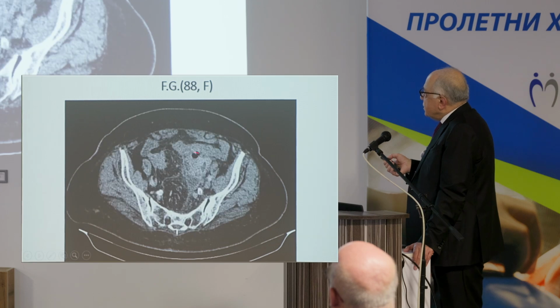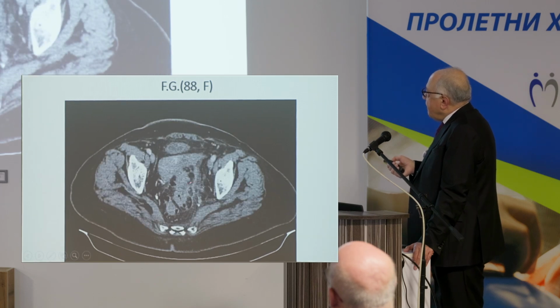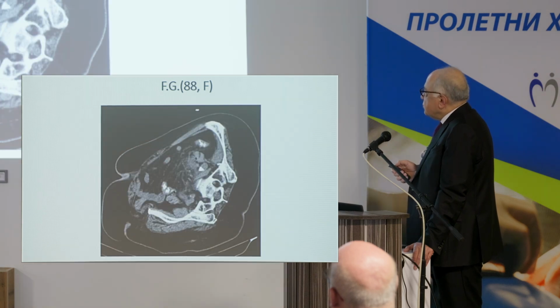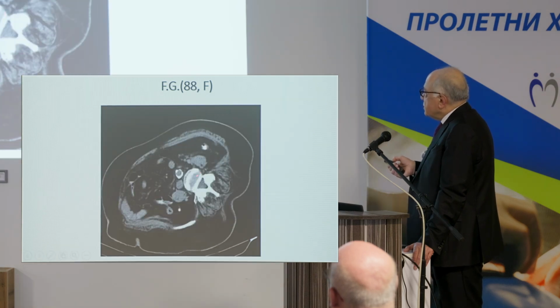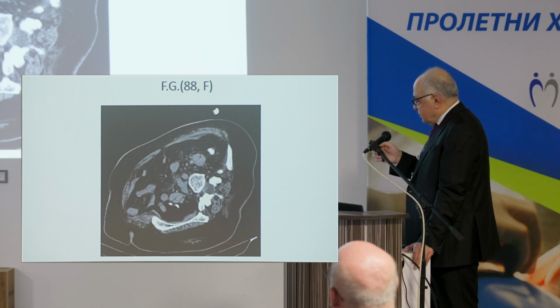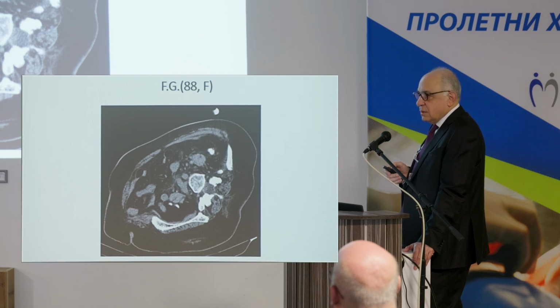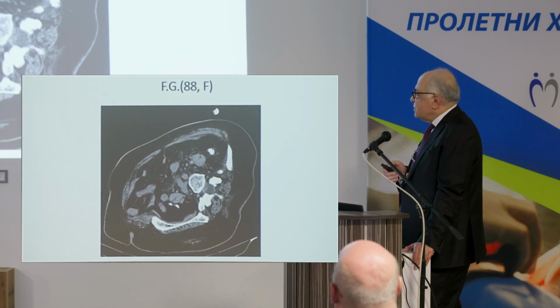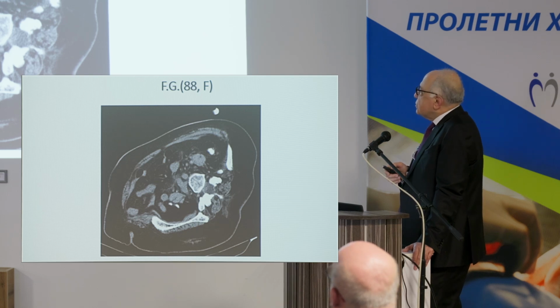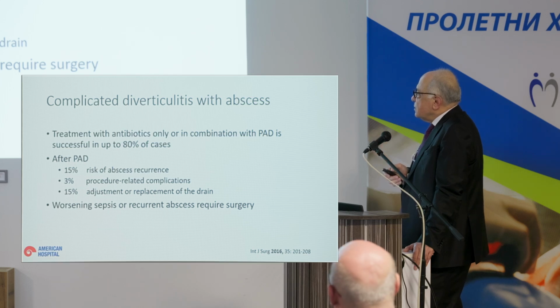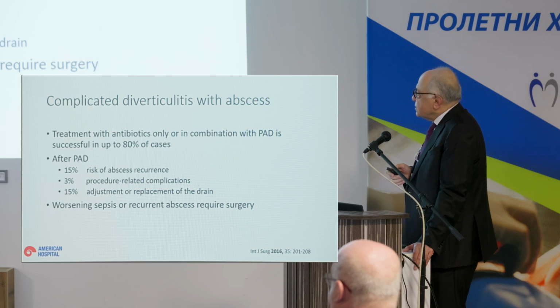This is an abscess here, and this is a little bit larger abscess, and the best way to treat it is to insert a small catheter to drain the abscess. If the technique works well, the patient will not need any emergent surgery to treat this complication, especially if the patient is a little bit older, and abscess drainage is enough in most of the cases.